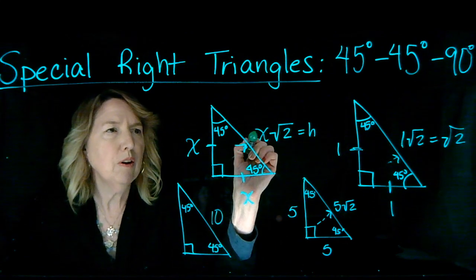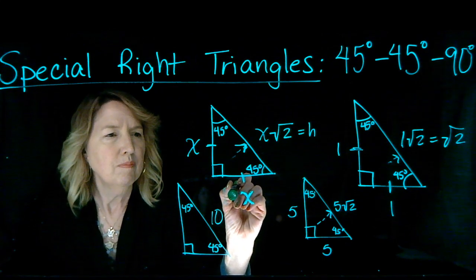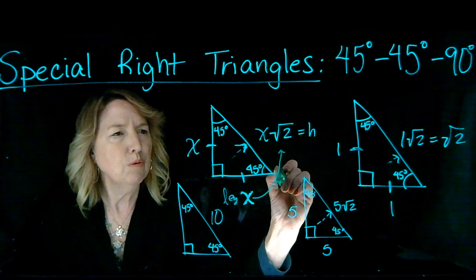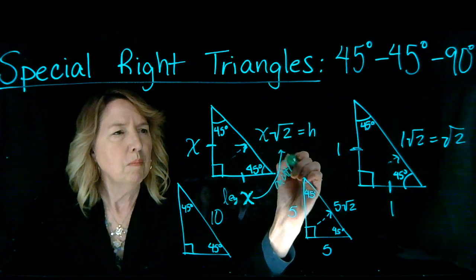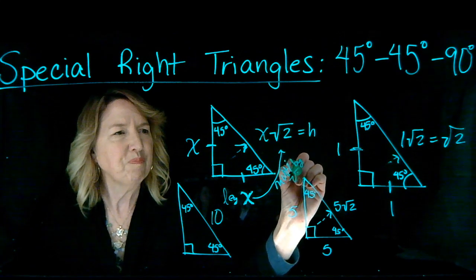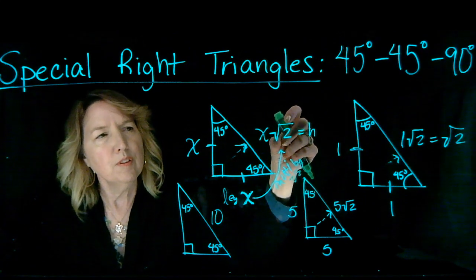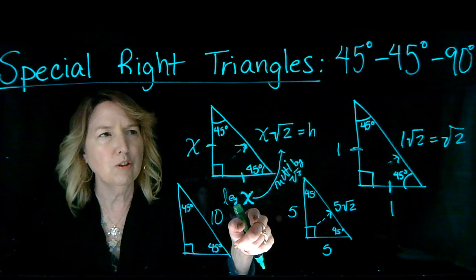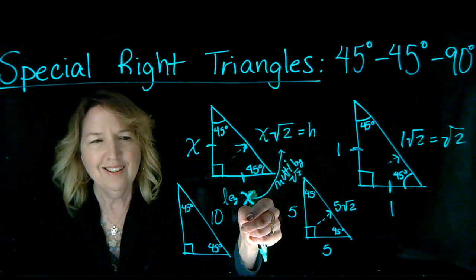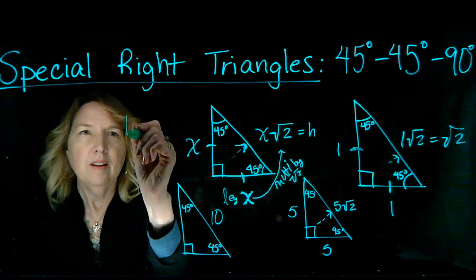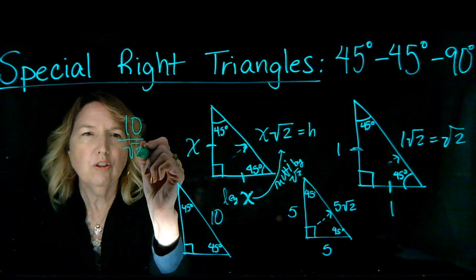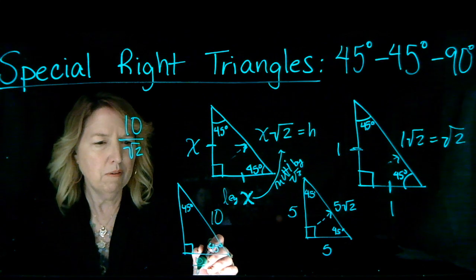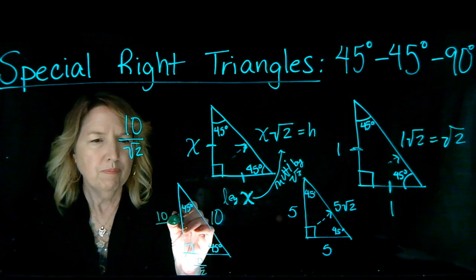If the relationship to go from the leg right here to the hypotenuse is to multiply by radical 2, then to go to a shorter side, in other words, in this direction, you would divide by radical 2 because you're getting shorter. So we're going to take 10 and divide by radical 2. And that would be the length of this leg here, 10 divided by radical 2, and so is this one.